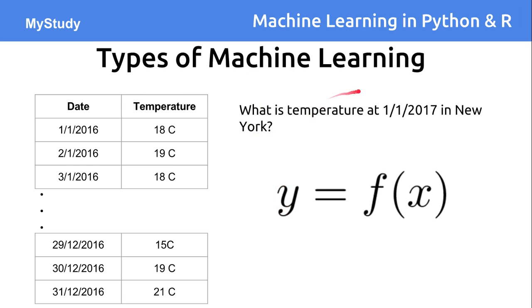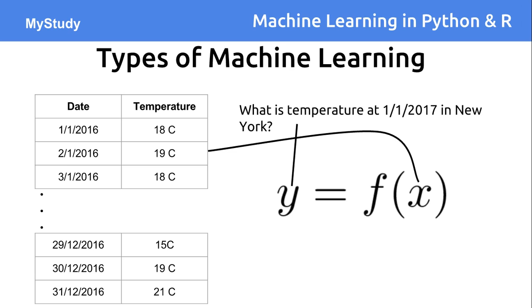You can consider the part you are going to predict, the 1st January 2017 New York City temperature, as the dependent variable y, while x is the input variable, whatever data has been given to you. So x is your input data and y is your output data.